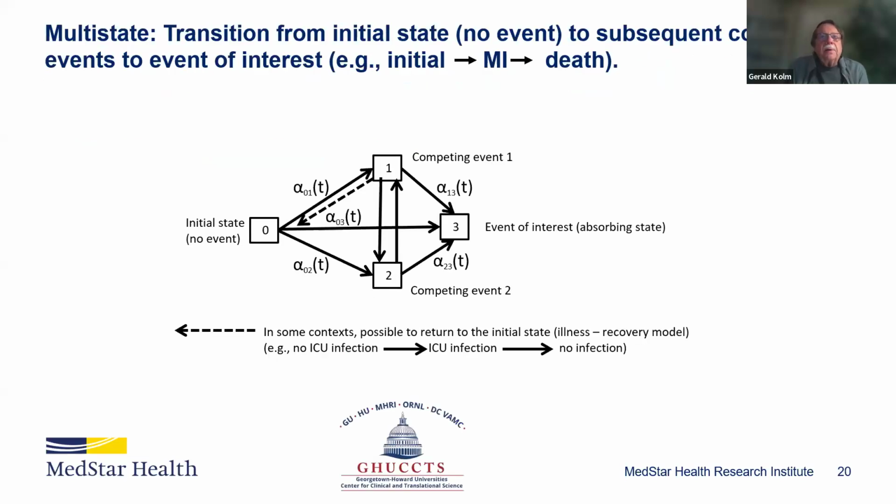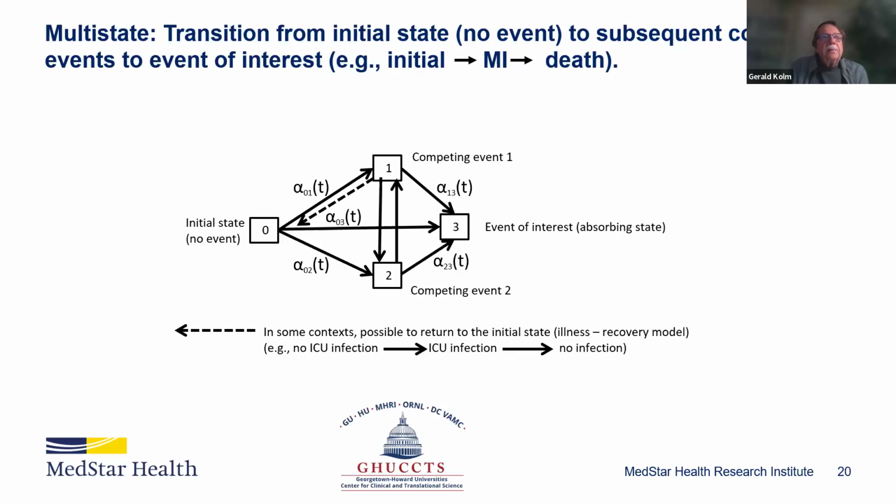And so here's a more complicated model where we have more than one competing event. We start out in our initial state, then we have the hazard function of competing event 1 and the hazard rate of competing event 2. Then you can see, from the way the arrows are drawn, that you might have competing event 1 and then eventually have the event of interest, whatever that might be.